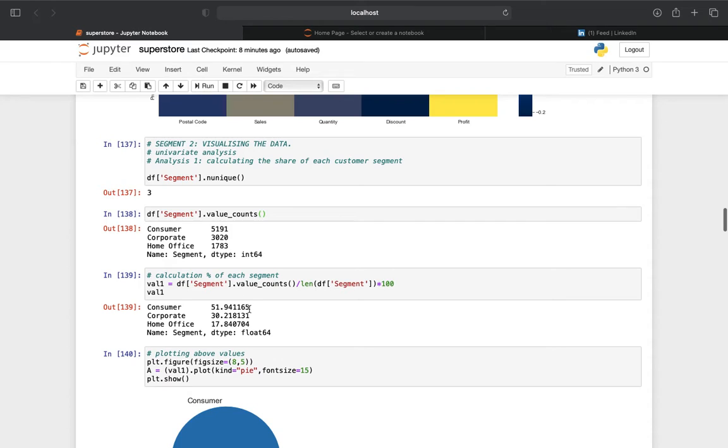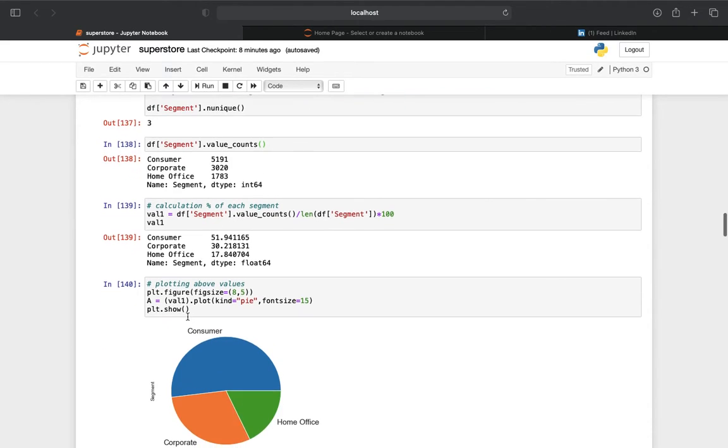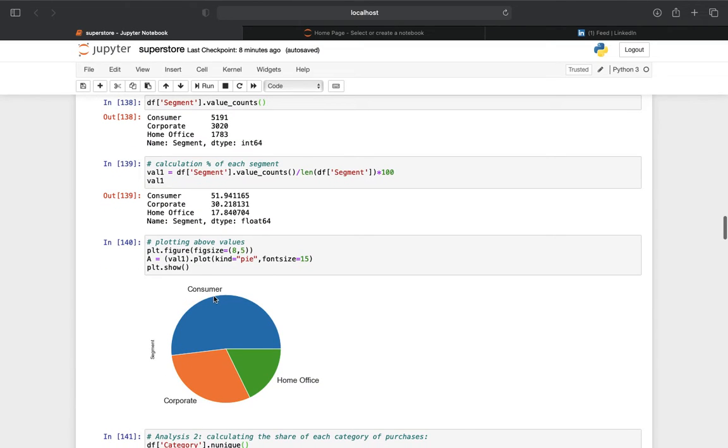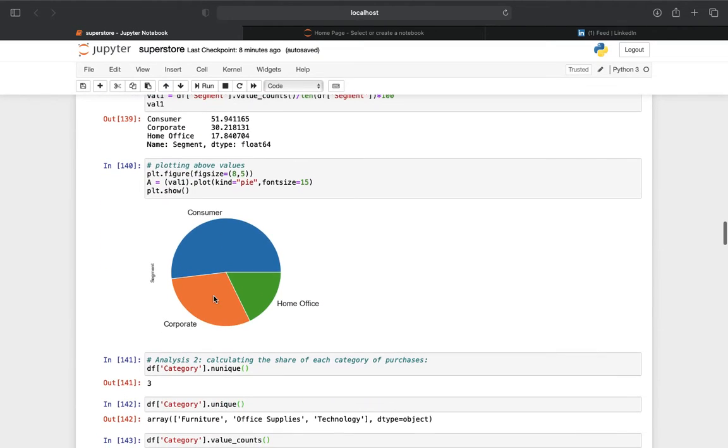I found the percentage share of each type and plotted it in a pie chart. After plotting it, we see that consumer is actually a bigger gain for the company than corporate.